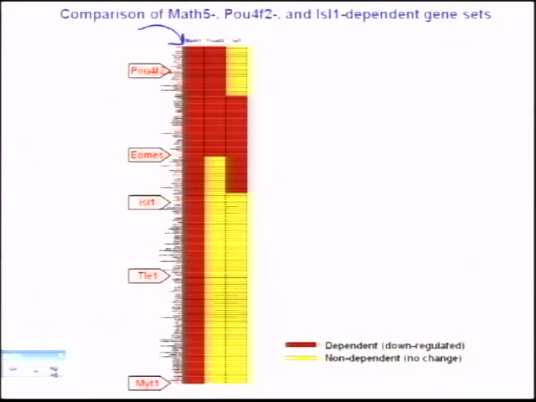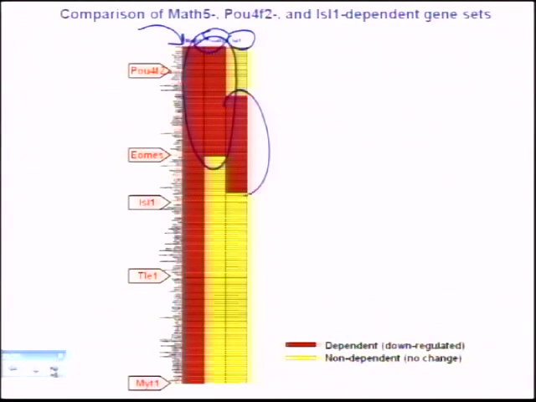And then the interesting thing is POU4F2 and Islet1. Here you see subsets of genes are downregulated. In POU4F2, here's the cluster of the genes downregulated in the POU4F2 mutant retinas. And the yellow are all the genes that are not downregulated. These genes, you take away POU4F2, no problem. They're still expressed. In Islet1, you see a different pattern.